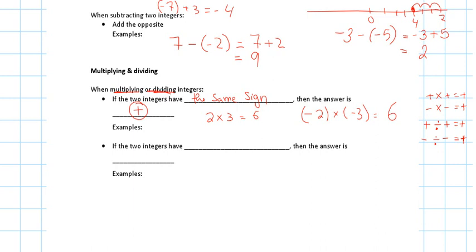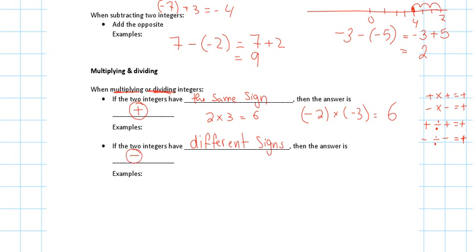Now, if two integers have opposite signs or different signs, then the answer is negative. Okay?